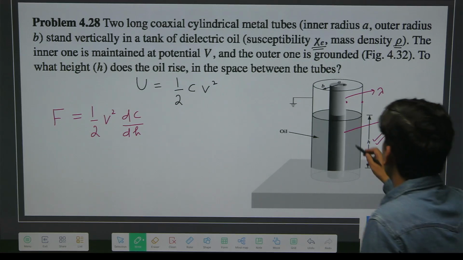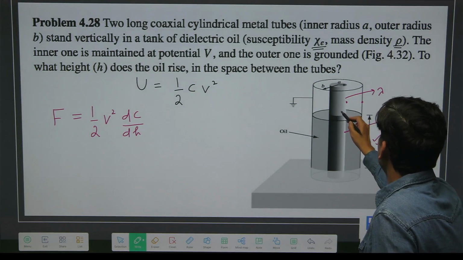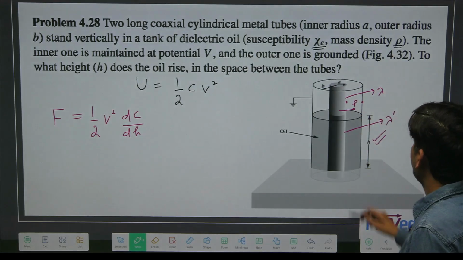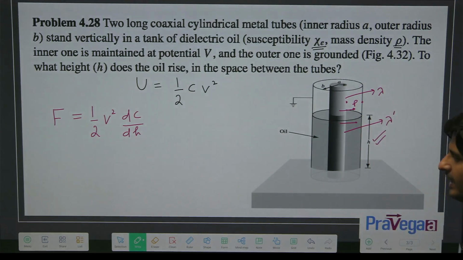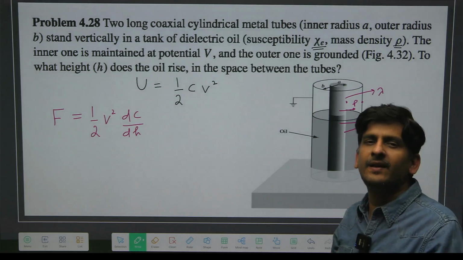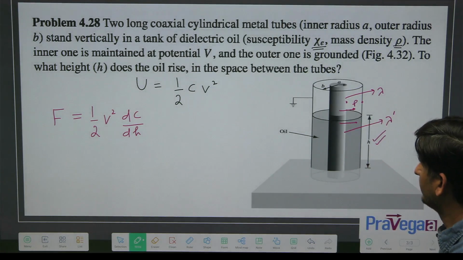So at a point P, suppose this is the point P, if I write the electric field just above the interface and just below the interface, both electric fields will be parallel to each other.